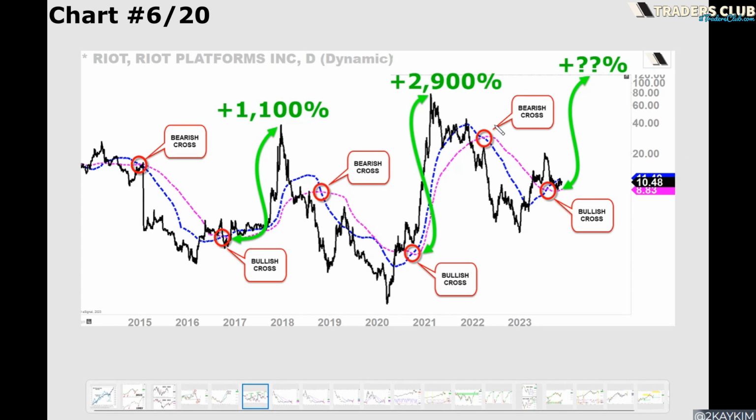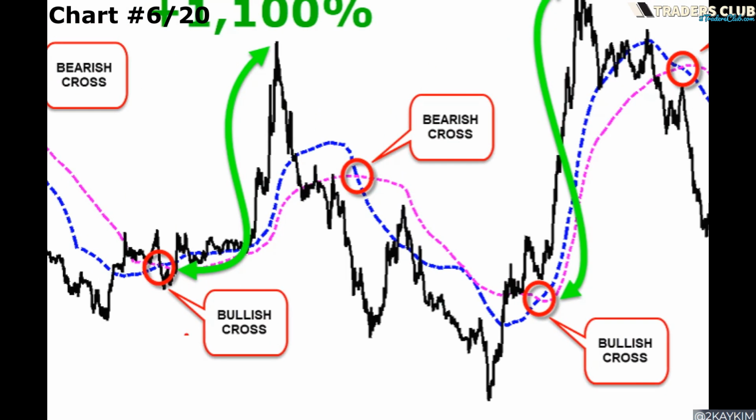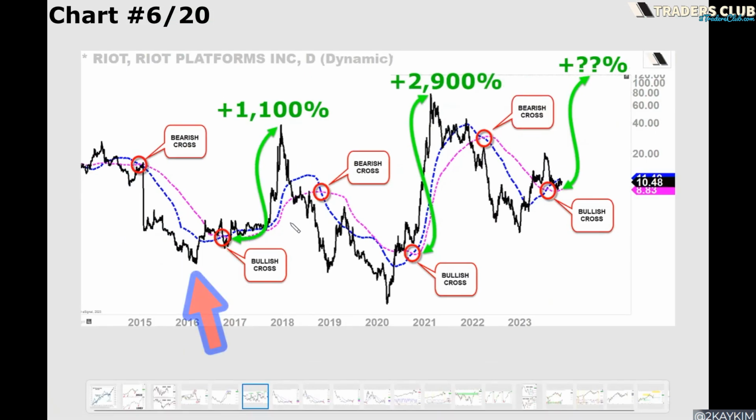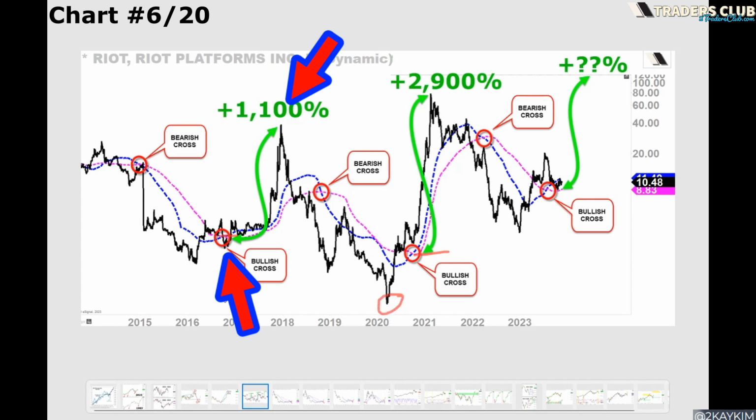as you can see after the bullish cross. And this is not measured from the low; it's measured right after the bullish cross signal has flared. The reason I measured right after the bullish cross, not at the lows, is that it's extremely difficult to go long right at the low. Nobody's going to find it.